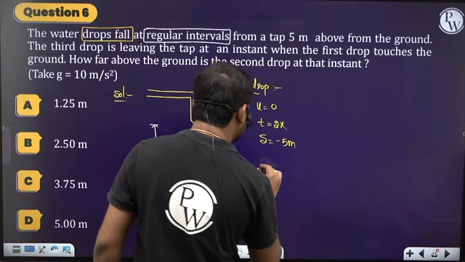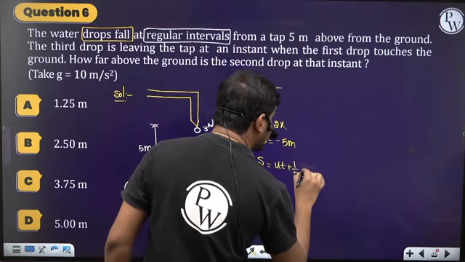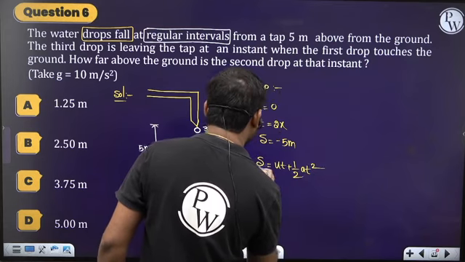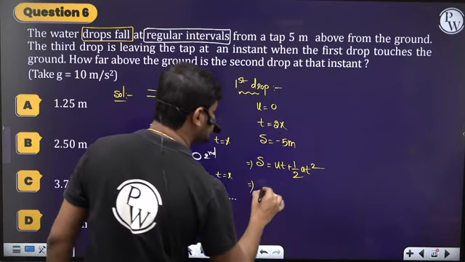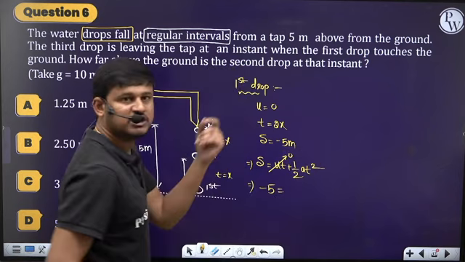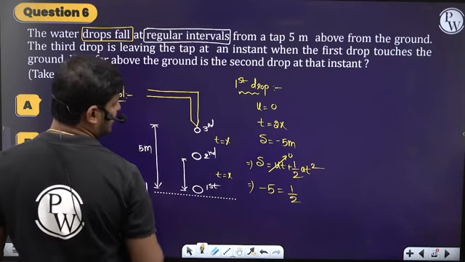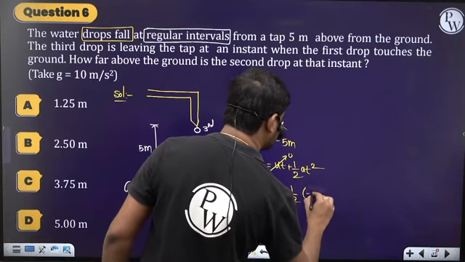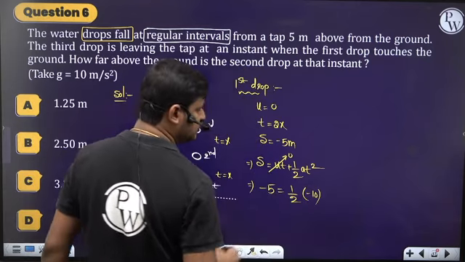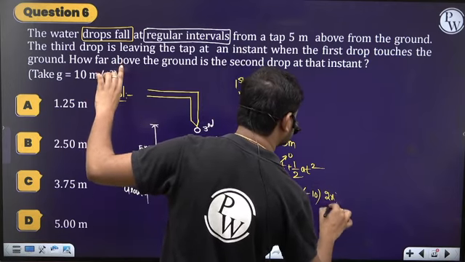So simply, let me use the kinematic equation: S equals ut plus half at square. The distance is minus 5. This term will become 0 because the initial velocity is 0. Let's consider a as 10, so a is minus 10. Then t is 2x, whole square.